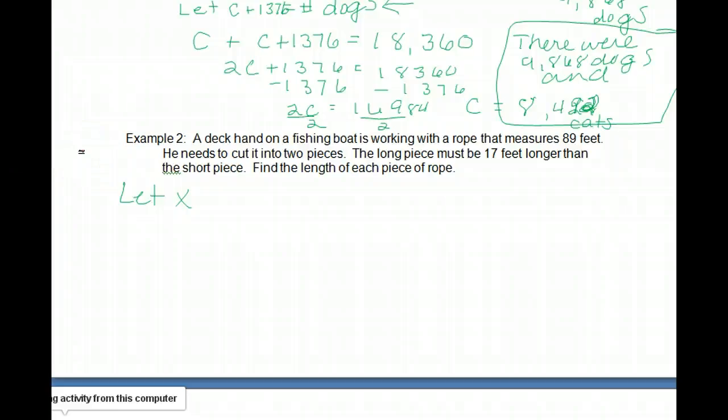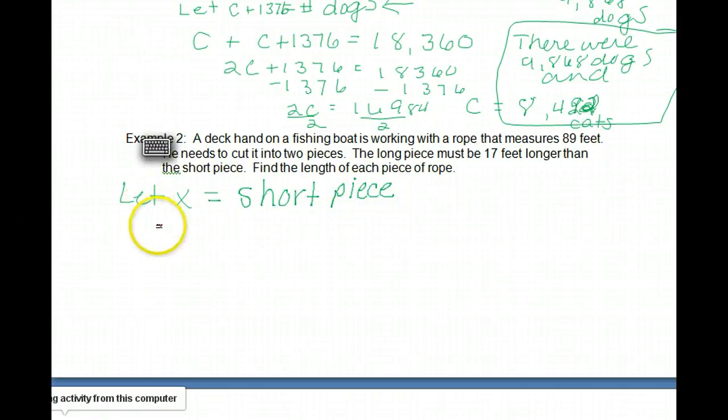The problem tells you that the long piece must be 17 feet longer than the short piece. You must know the length of the short piece first. That tells you that the long piece is depending on the short piece. So our short piece must be the one that we find out first.